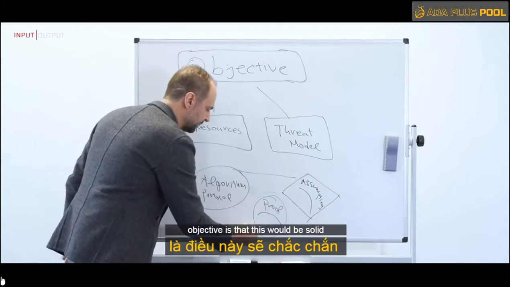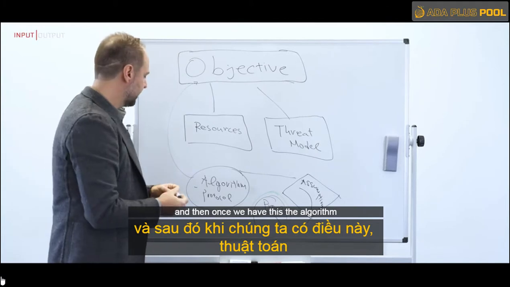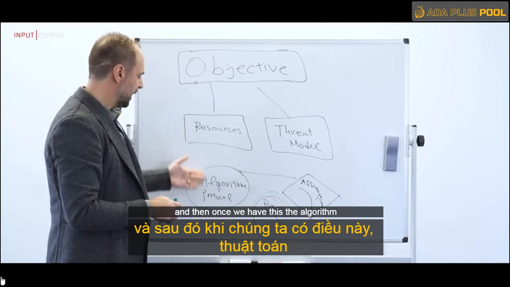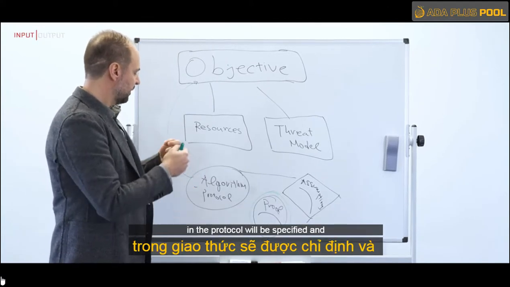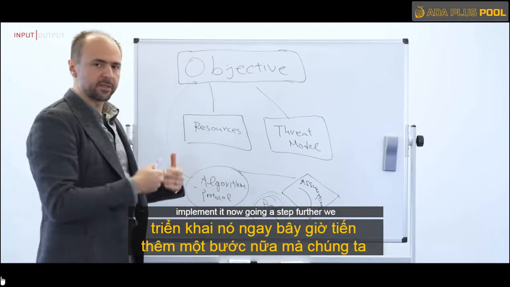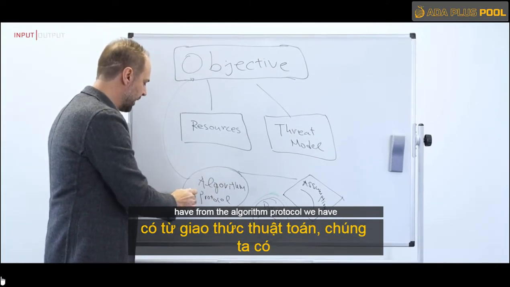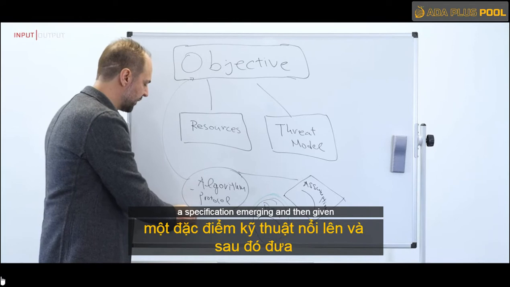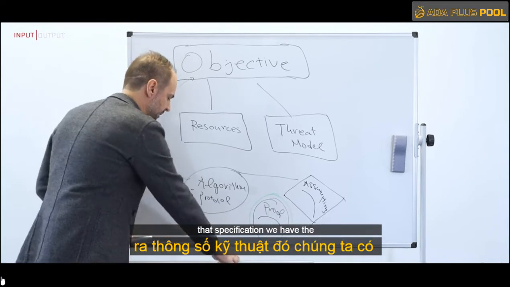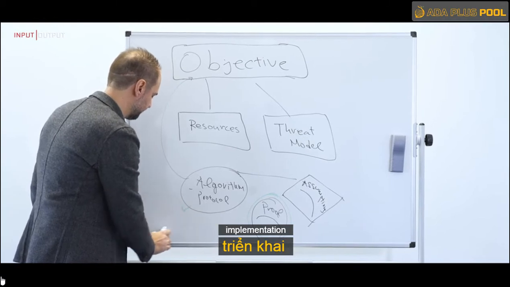The final objective is that this should be solid, and then once we have this, the algorithm and the protocol will be specified and implemented. Now, going a step further, we have from the algorithm protocol, we have a specification emerging, and then given that specification, we have the implementation.